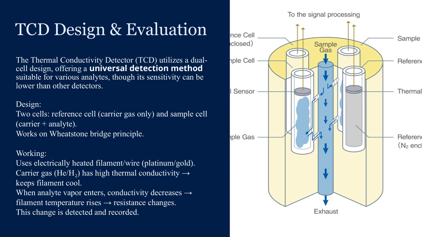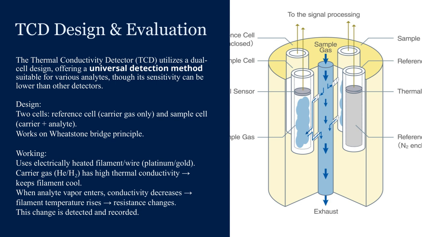As for how it works, the core component is an electrically heated filament made of materials like platinum or gold. The carrier gas, such as helium or hydrogen, has high thermal conductivity, which helps keep the filament cool under normal conditions. When an analyte vapor enters the sample cell, the overall thermal conductivity of that cell decreases because the analyte typically has lower thermal conductivity compared to the carrier gas.